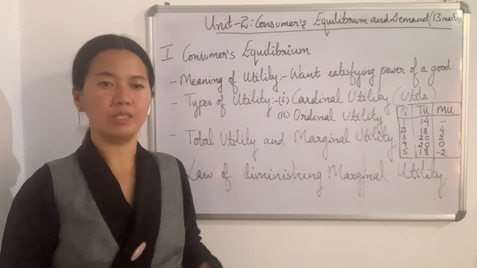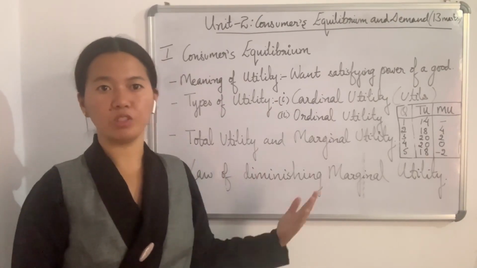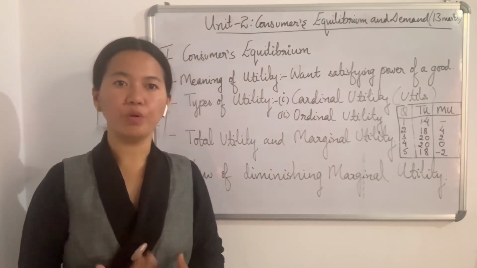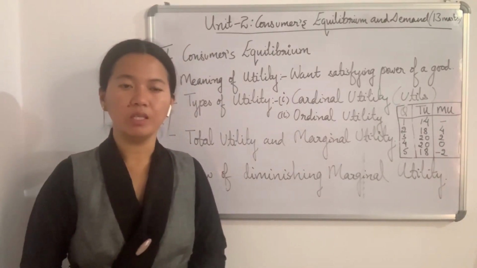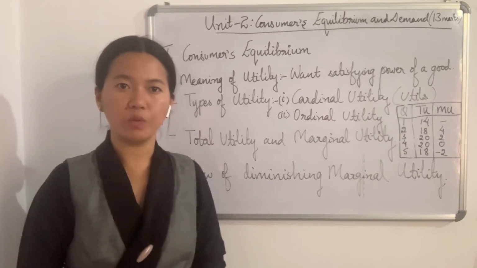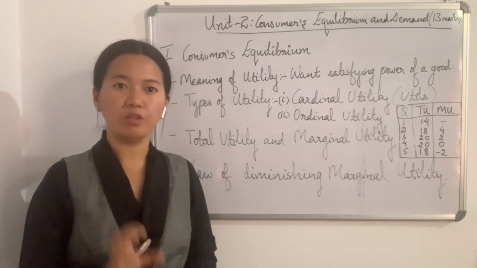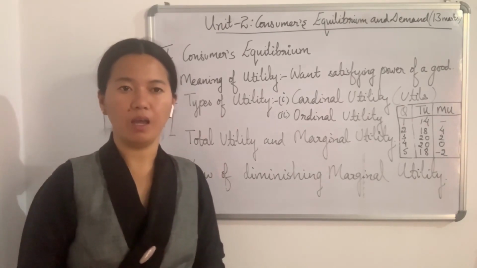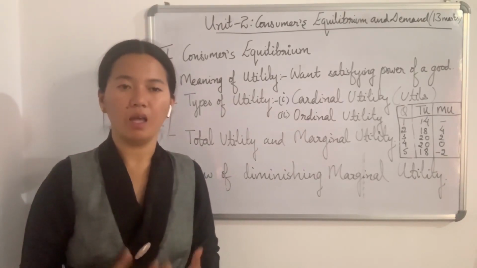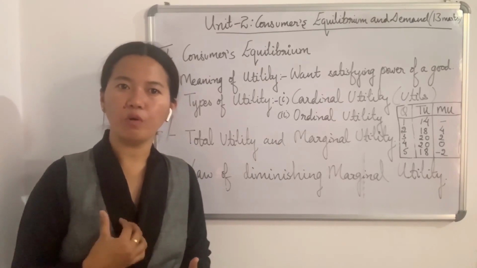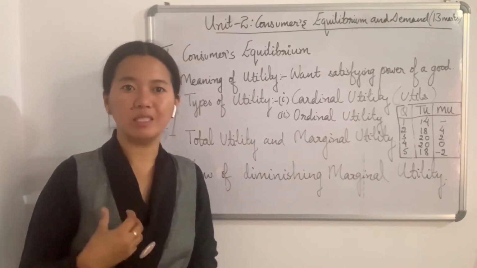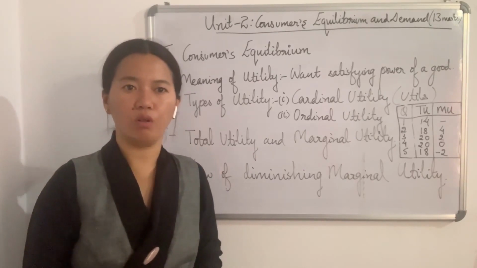The next concept we are going to learn is the law of diminishing marginal utility. This law states that as we consume more and more units of a commodity, the satisfaction or the utility derived from an additional unit of that commodity will decline. In simple words, as we keep on using any goods and services continuously, your desire to have that good will fall.